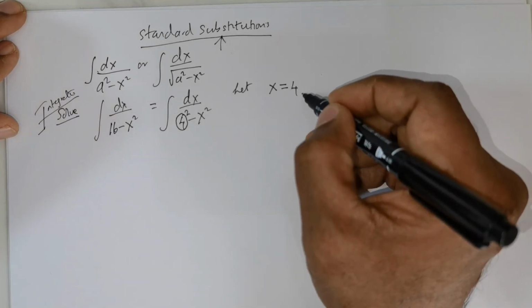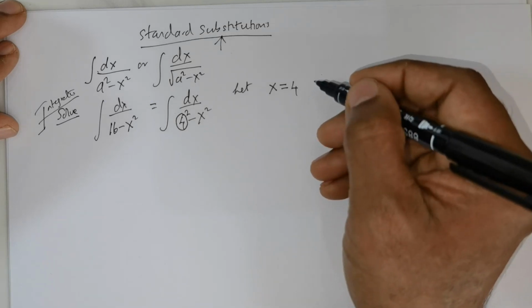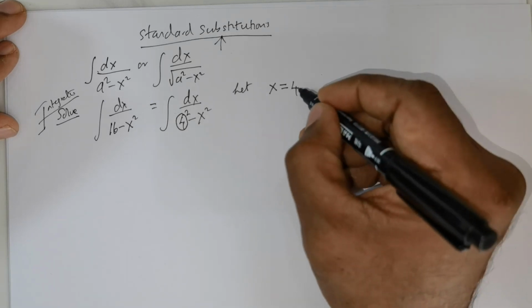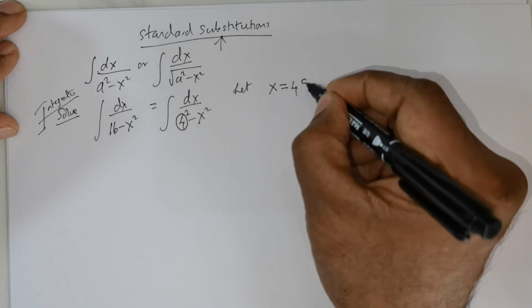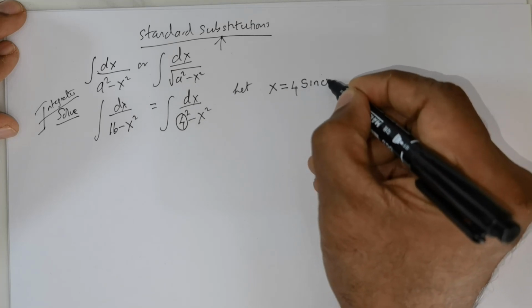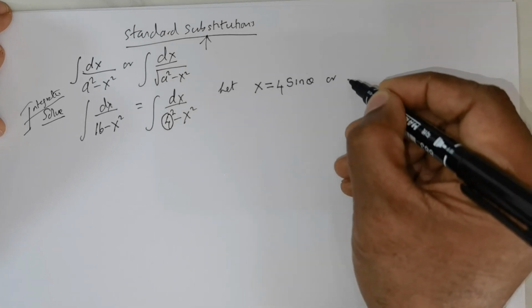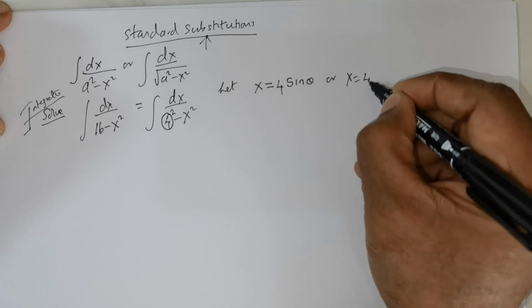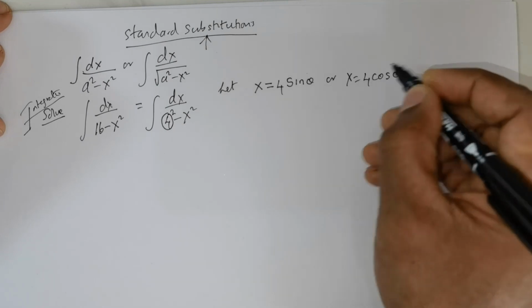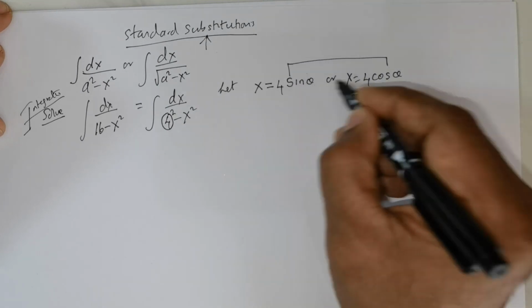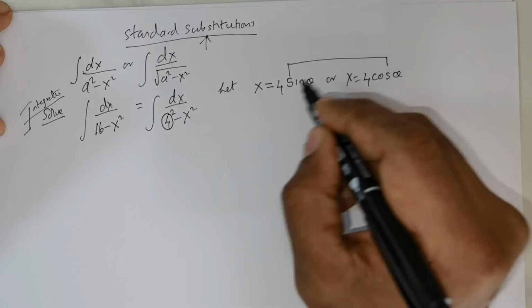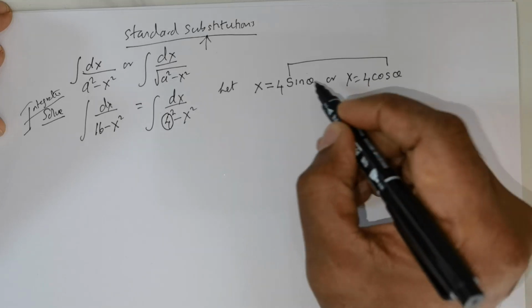Then you will have to make a substitution as 4 times sine theta, or you can make a substitution as 4 times cos theta. Apart from these two substitutions, you cannot utilize any other thing.